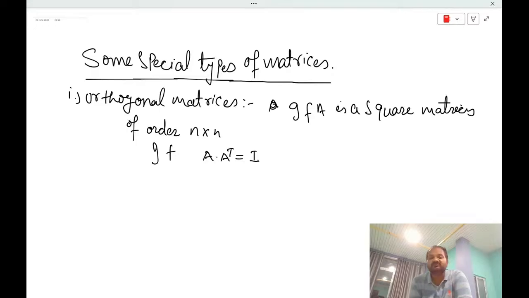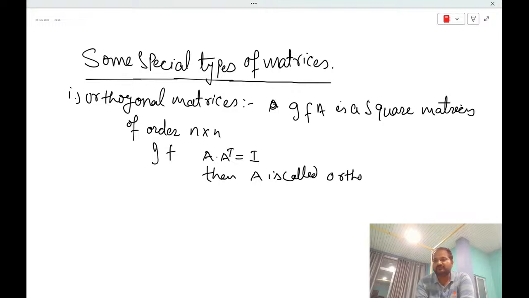So if the multiplication of A and its transpose is equal to I, the identity matrix, then A is called an orthogonal matrix. This is the condition for orthogonal matrices: A dot AT is equal to I.